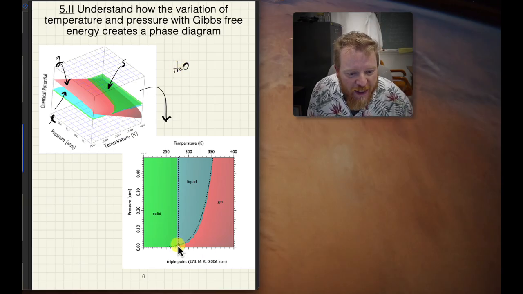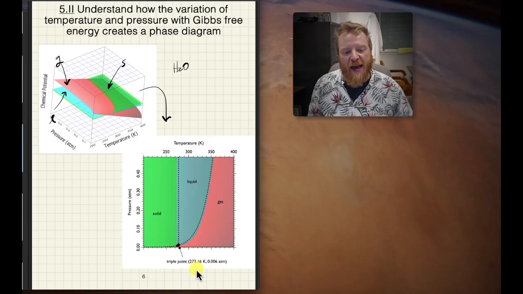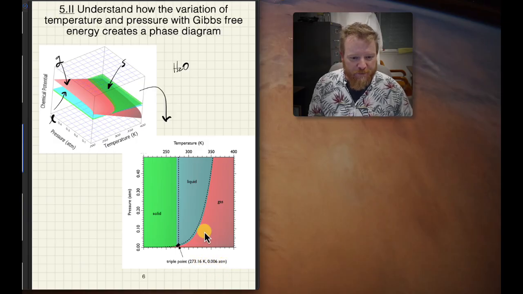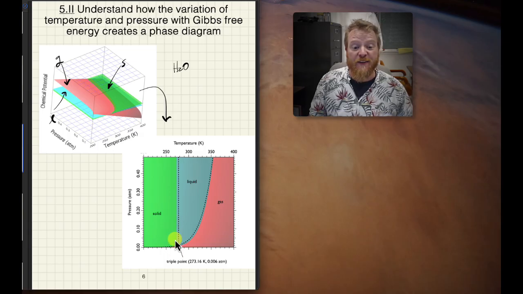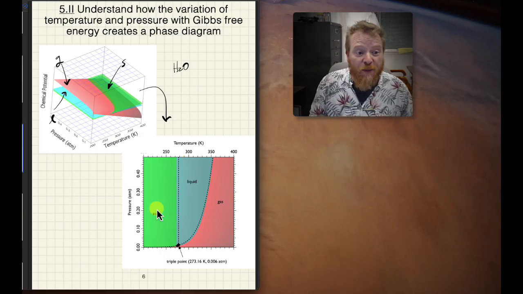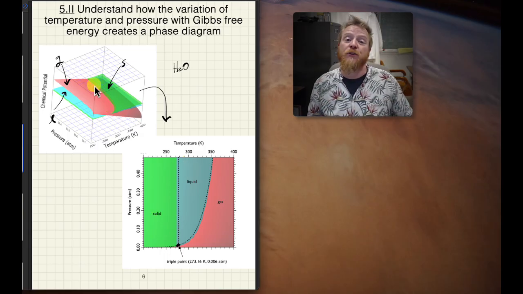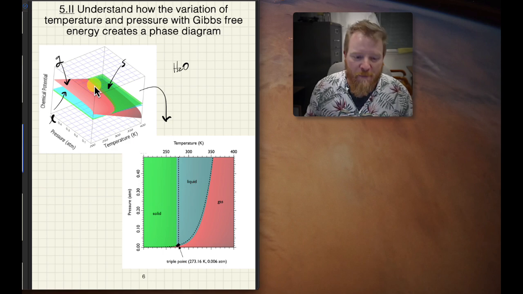We can see right here the triple point predicted to be at 273.16 K and 0.006 atm. We can see the boundary between the liquid and the gas phase line and the boundary between the liquid and the solid line. And those occur where those chemical potentials cross each other and then minimize.